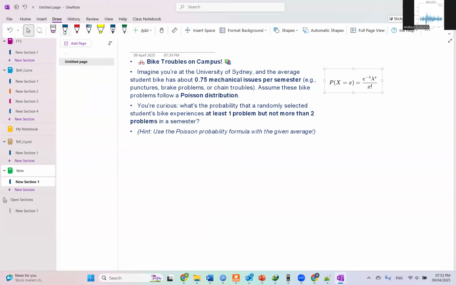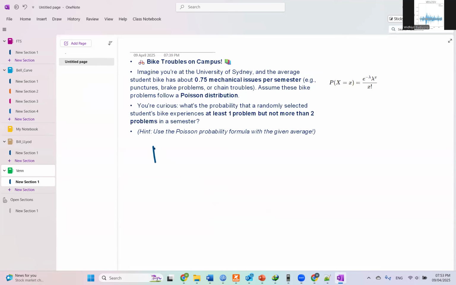So the probability of x between 1 and 2, inclusive. As you can see, this problem is discrete, so you can also write it like this: the probability of x equal 1 plus the probability of x equal 2.